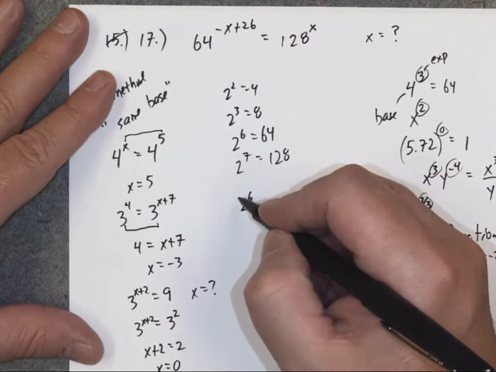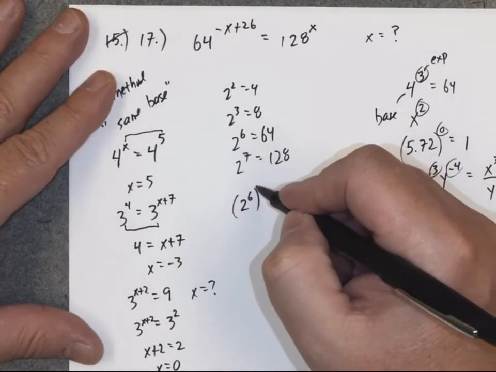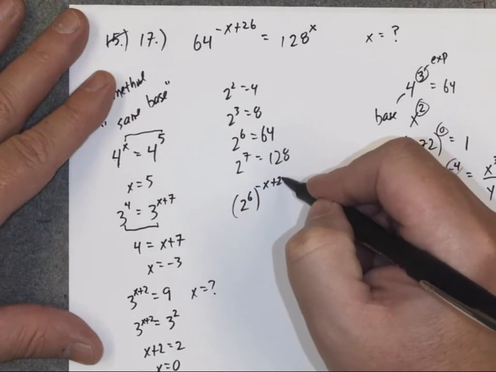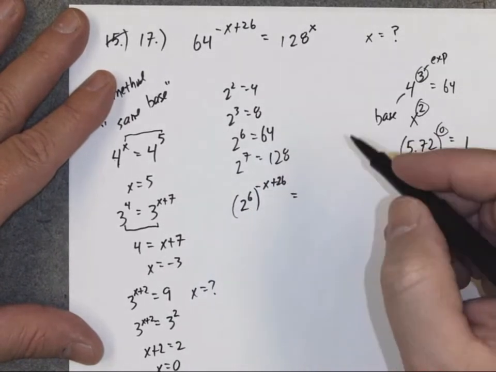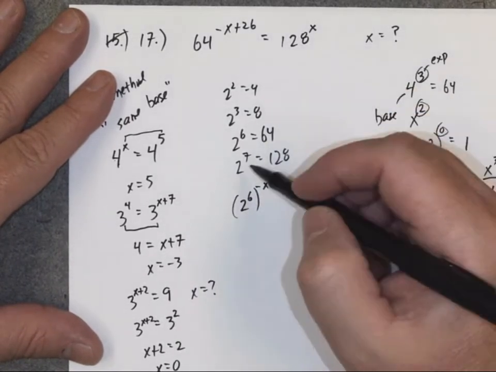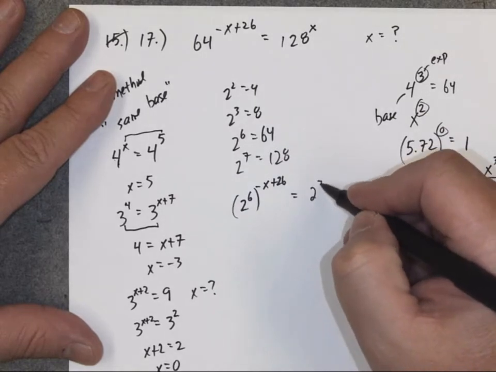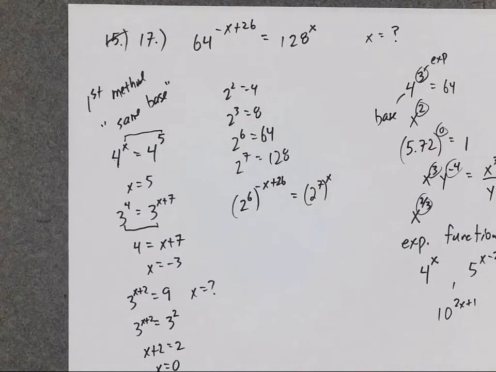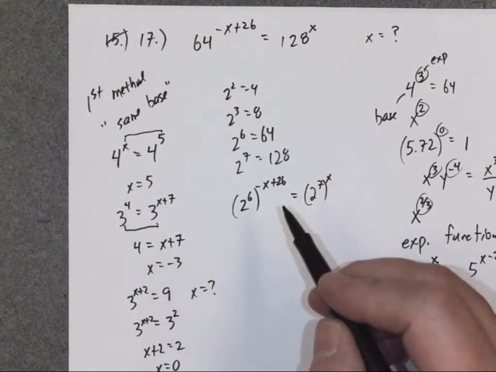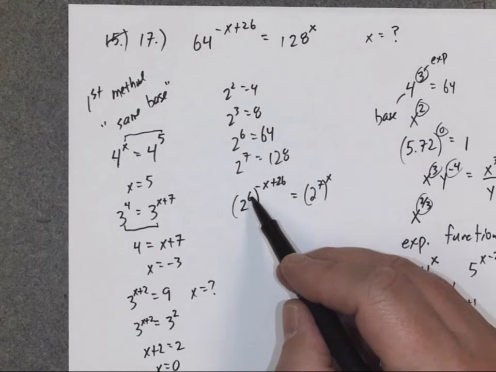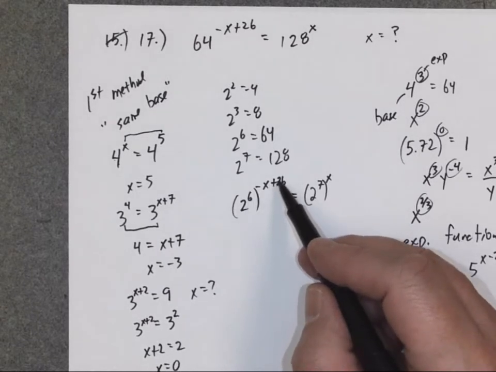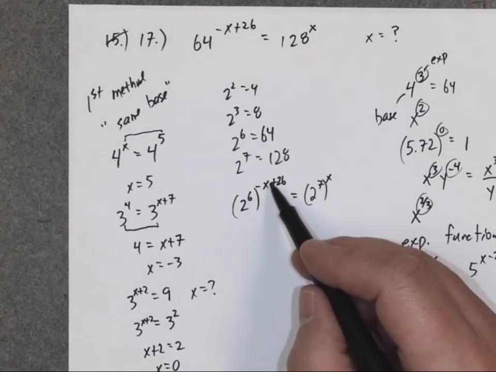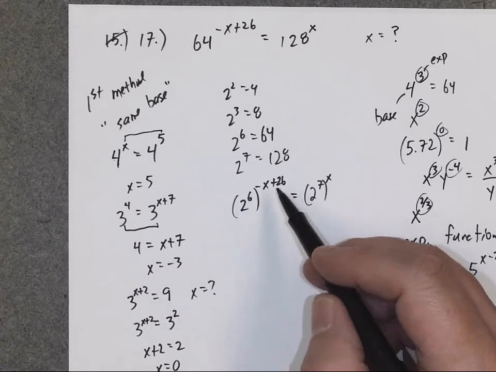Now I still have the exponent. I have to still write my exponent. And 128 is 2 to the 7th. I still have my exponent. Now, if you remember, if you have an exponent raised to another exponent, what do you do with these two exponents? You multiply them.